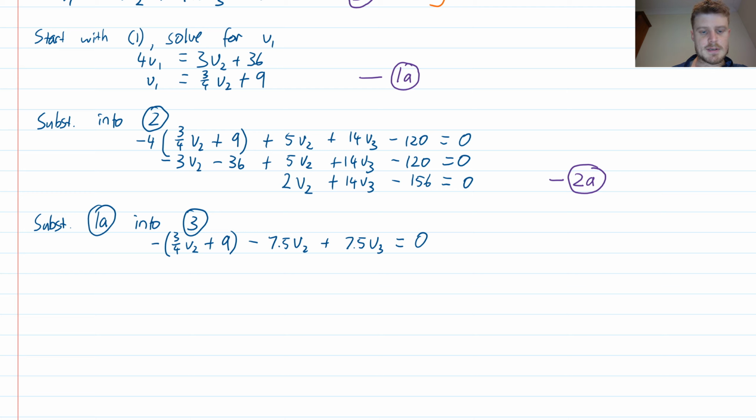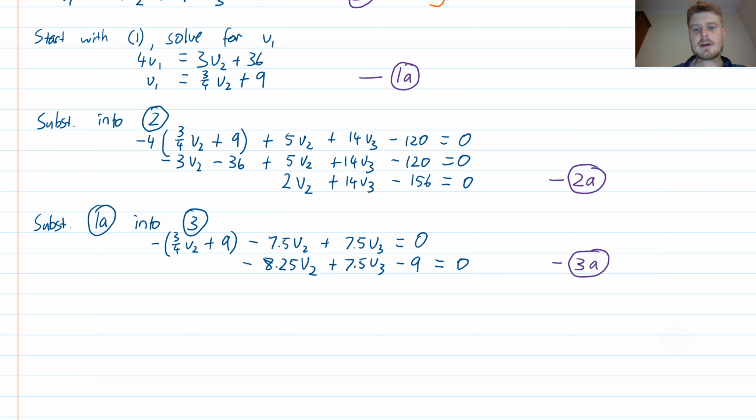So in particular, the minus 7.5 minus 3/4 is going to give me minus 8.25 times v2 plus 7.5 v3, and I will also have a minus 9 constant term there as well. So again, I will number this one. I'm going to call this one here equation 3a, because I started from equation 3.